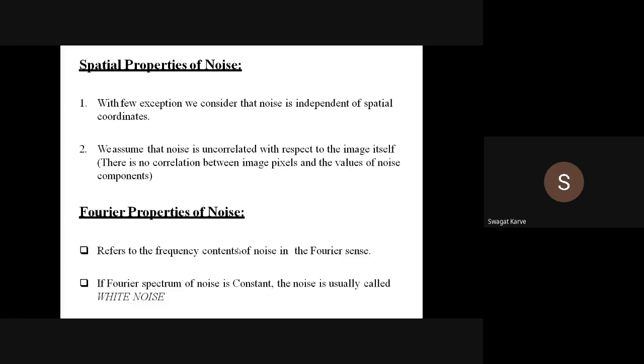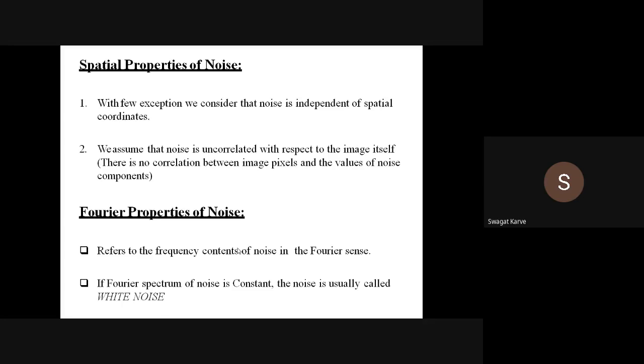Now what about the Fourier domain? Again we have two properties. The first is the frequency content of noise in a Fourier sense. The Fourier transform is a frequency domain transform. Why do we take the Fourier transform of anything? To have a frequency domain analysis, or a frequency domain look.